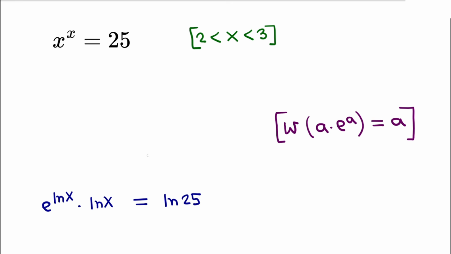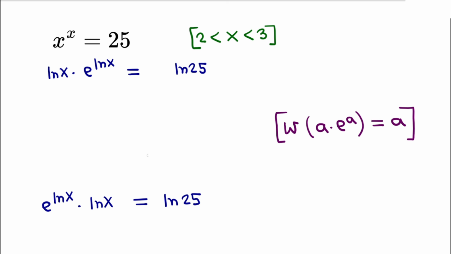Since this is just simple multiplication, let's flip the order on the left side to perfectly match our Lambert W format. It becomes the natural log of x times e raised to the natural log of x equals the natural log of 25.